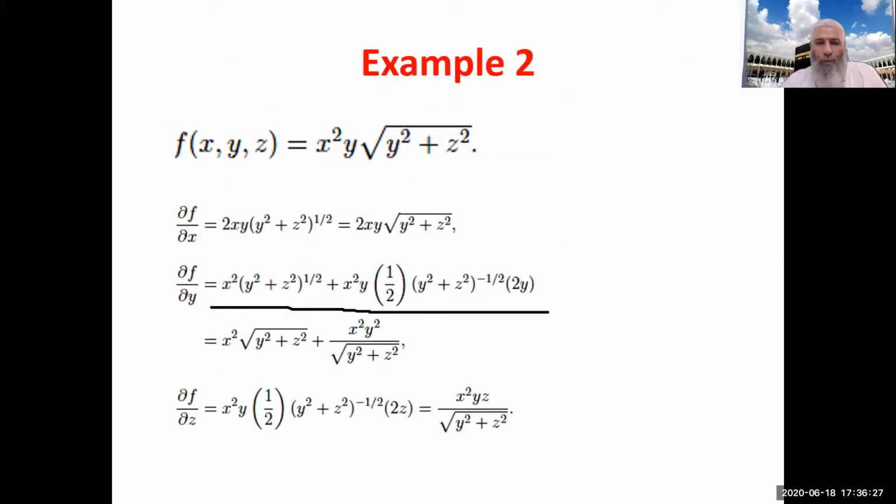So example number 2, f of x, y, z. We have here 3 variables. So this is x squared y root y squared plus z squared. Now df dx, we will have the derivative with respect to x, just with respect to x.